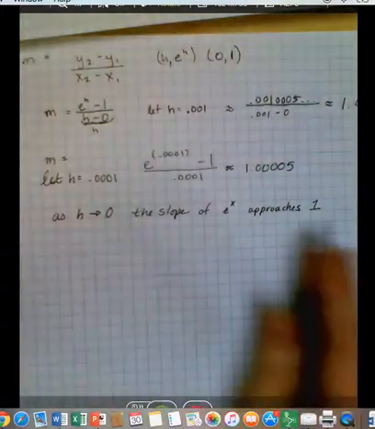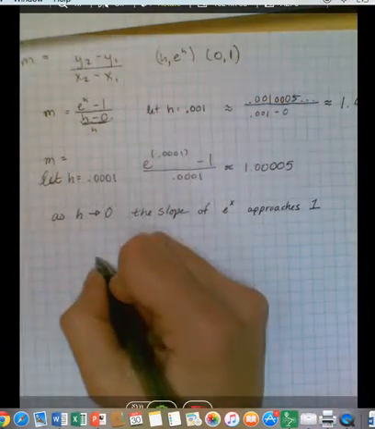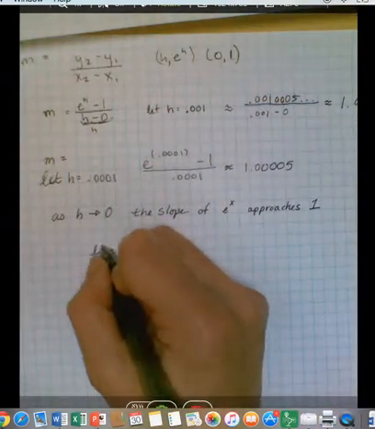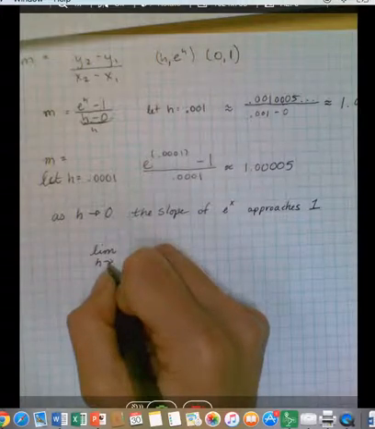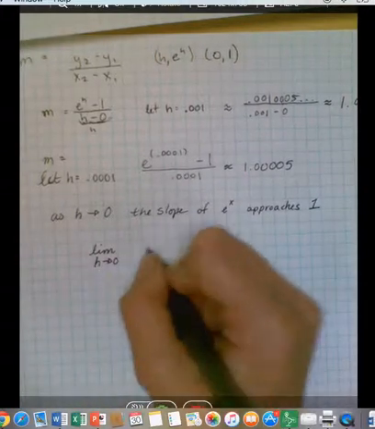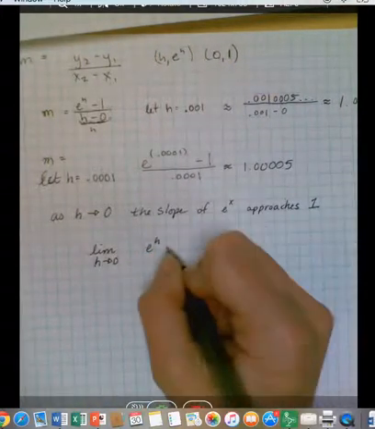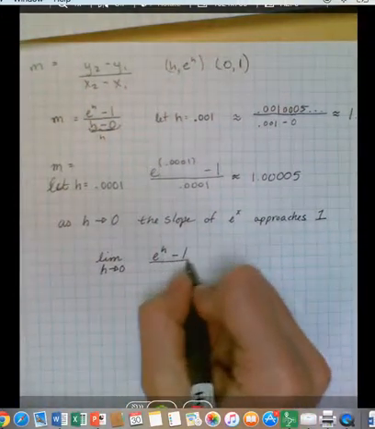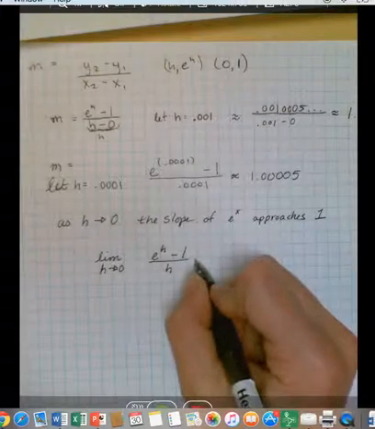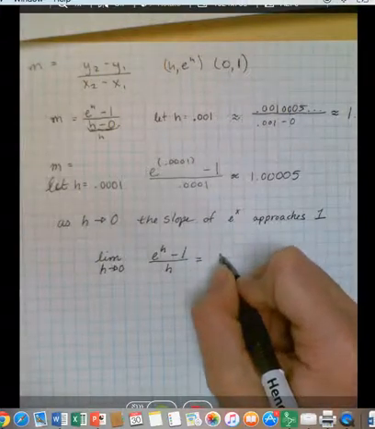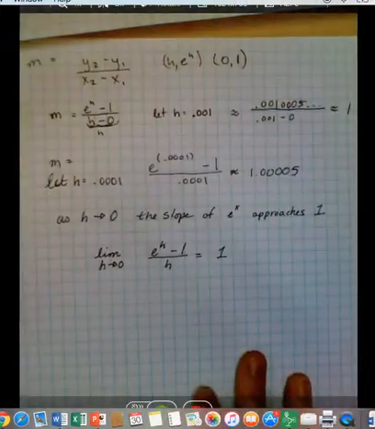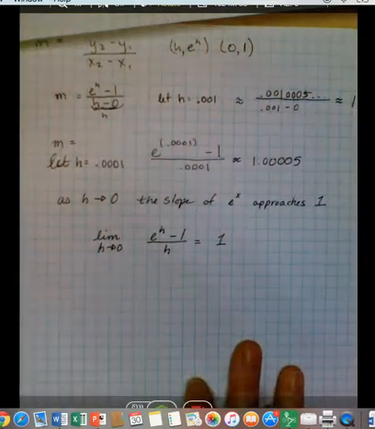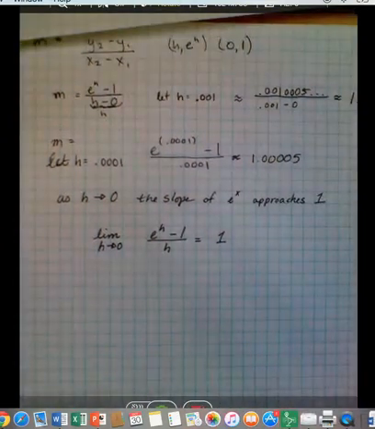Let's write that in a mathy statement: the limit as h approaches 0 of e to the h minus 1, which is just our slope statement from up here, over h is 1. Feel good with that? Okay.